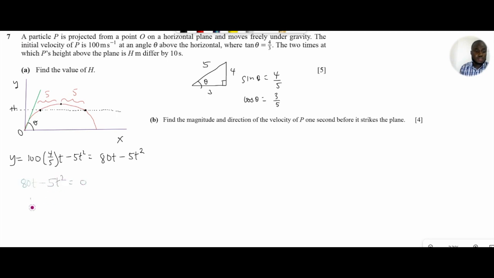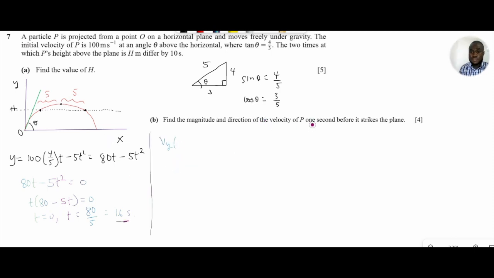Let's factorize this. So at t equals 0, the displacement was 0, that was at the point of projection. And at t equals 16 seconds, it should get to the ground again the second time.